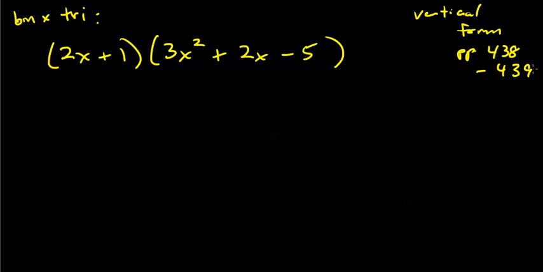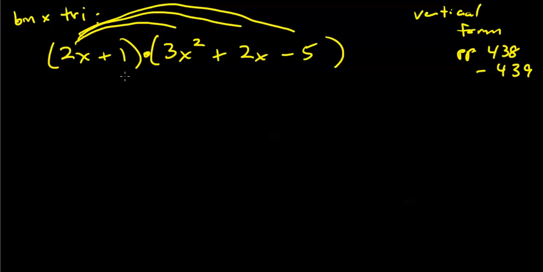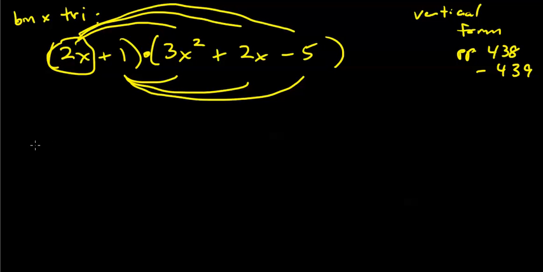I'm going to go ahead and work this out like I just did the previous one. Binomial times trinomial. Well, basically multiply the trinomial through by each term in the binomial and then add the resulting products according to your like term principles. Alright, first thing that we're going to do is multiply everything through by 2x.